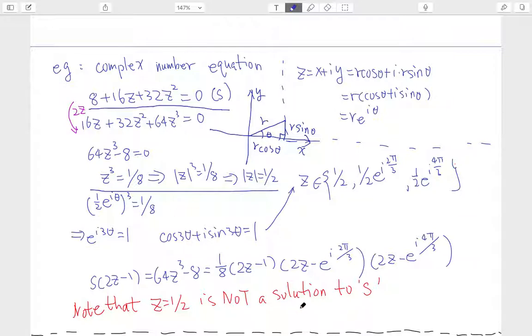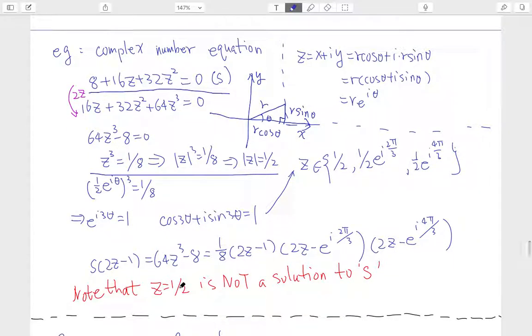In this case, it is 1/2. It is not a solution to the original equation. This is something to pay great attention to.